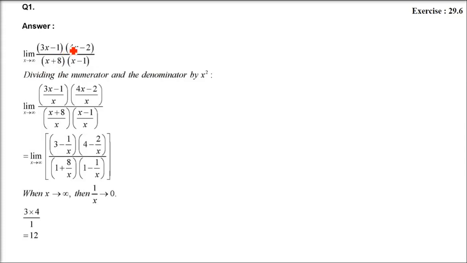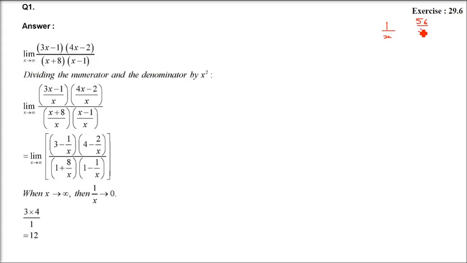How to do this? Whenever we have an expression like 1 by x, anything divided by any value, and that value is very big. If this x is a huge number, eventually what will happen? It will be 0, means 1 by x will be 0.